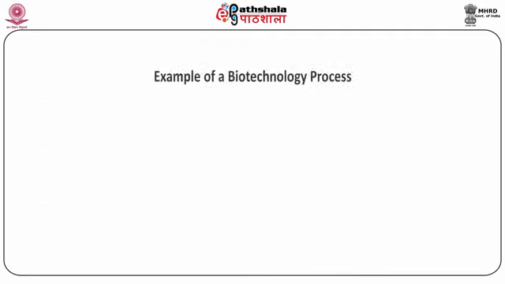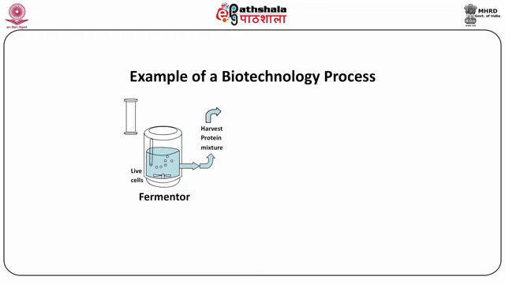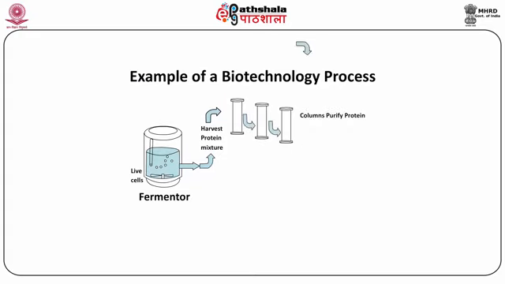Example of a biotechnological process. The biologicals are produced mostly by biotechnological processes, in which the fermenter or bioreactor is the vessel where we culture the live cells which produce the biologicals. The biologicals may be extracellular or intracellular.